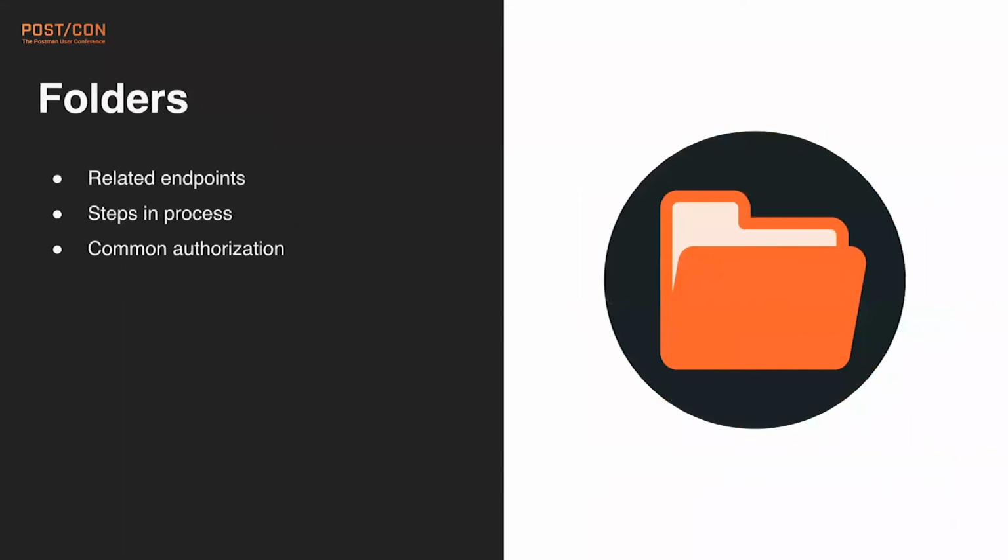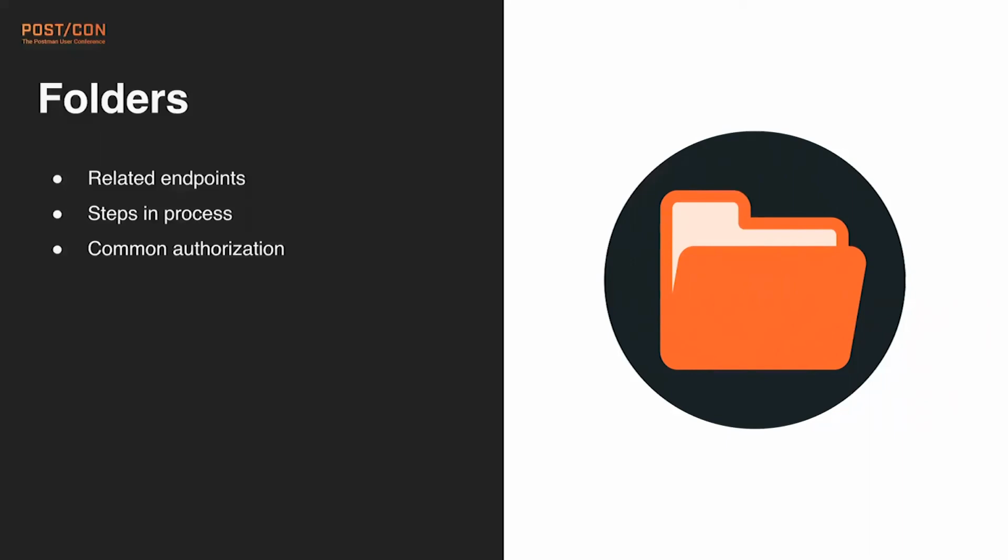In addition to collections, you can create folders which exist below collections. Basically, that allows you to further group requests within a collection. So if you have a certain group of endpoints that you might use to update something, then you might group those all into an update folder. If you have a certain group of requests that might involve deleting something, likewise.